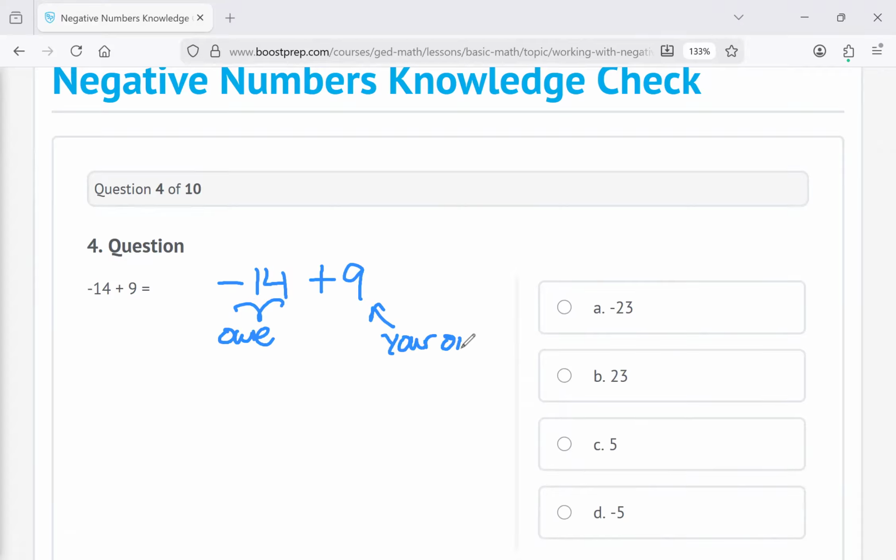So you got to ask yourself, is this going to be a positive or negative outcome? That's always the tricky part. So you owe someone $14, but you have $9 of your own money.